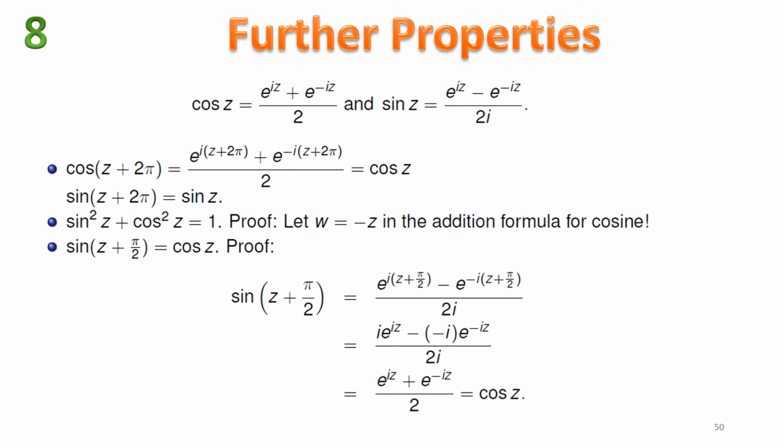Now we can rearrange things. i times e to the iz we can write for this quantity, and for this quantity we can write minus i times e to the minus iz, and this we can further simplify as cos of z.